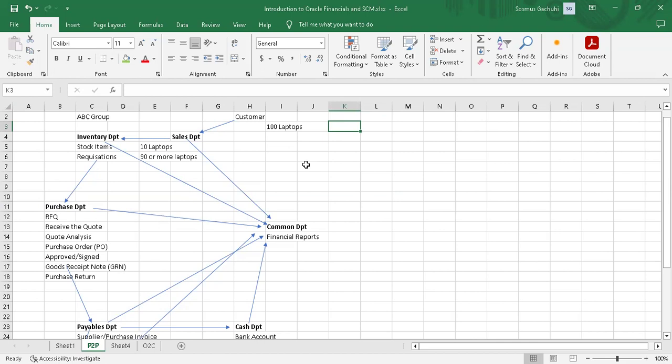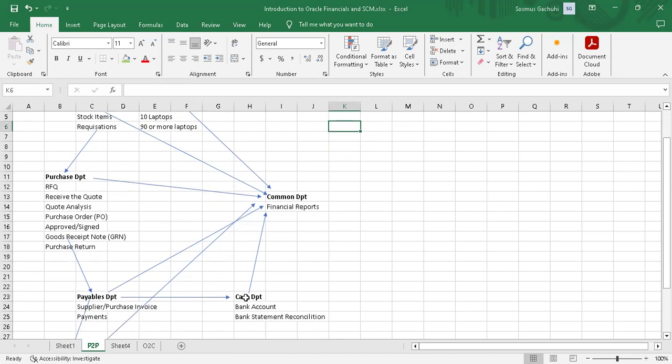It's okay. So this one, we usually call it procure to pay cycle. In short, P2P. This is the procure to pay cycle. So we'll look at order to cash: the moment the customer orders until we receive that cash in our cash department or in our banks.